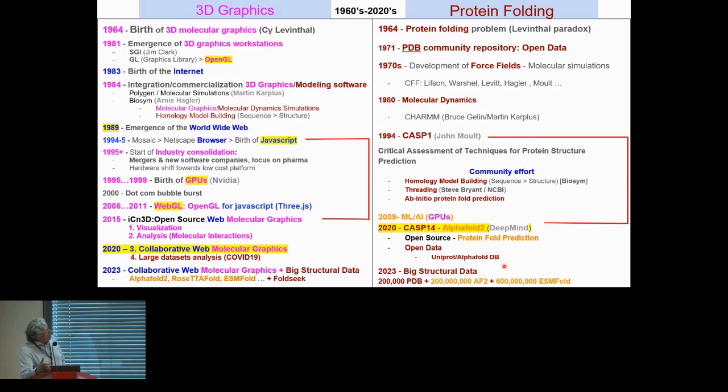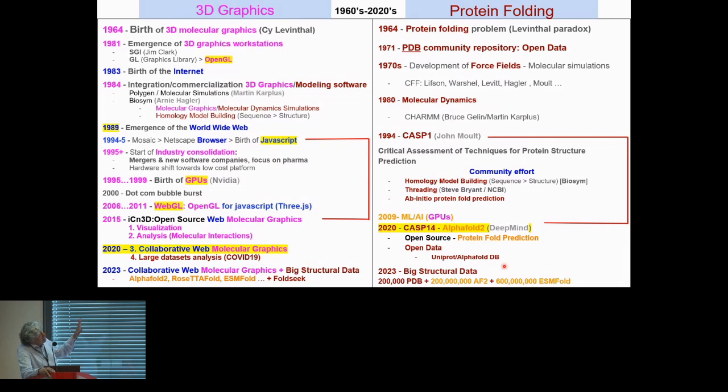So, of course, everybody knows the World Wide Web emerged at the end of the 80s, but it's only in 2015 that we were able to start developing iCn3D as an open source web molecular graphics software, first for visualization, then for analysis, and later on, especially when the pandemic hit, for collaborative web research. And now we're working, of course, on much larger data sets since COVID-19, but now with AlphaFold even more.